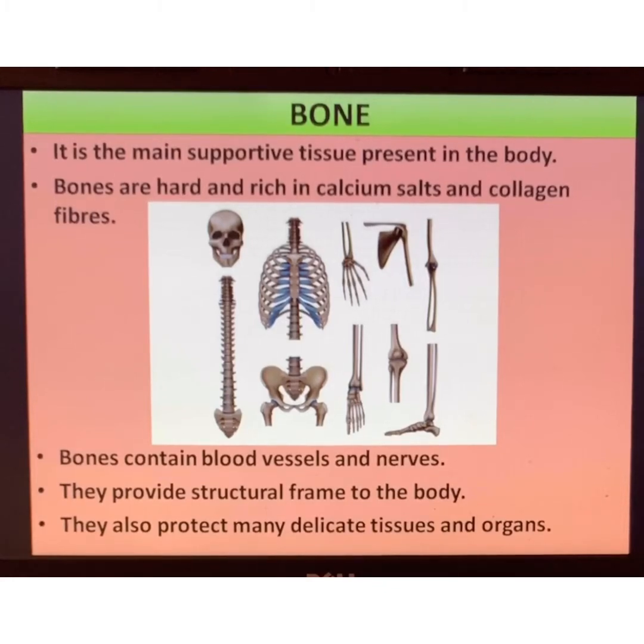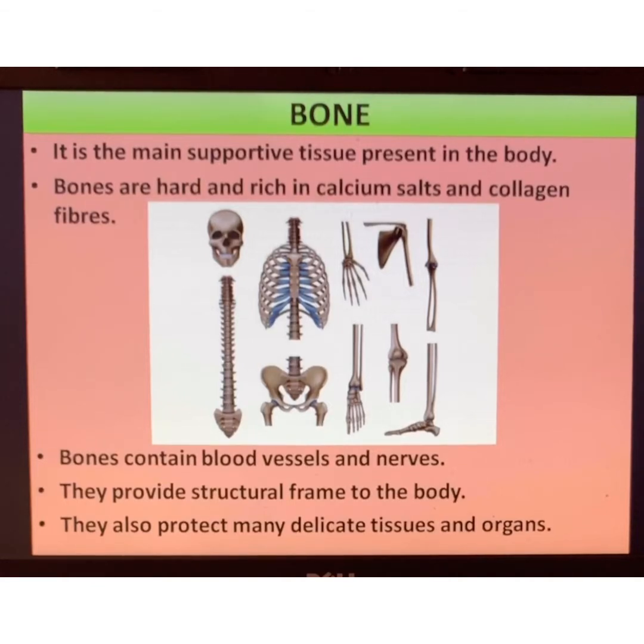They are not at all elastic, but they are very firm. So bones are made up of calcium and phosphorus salts deposited along with collagen fibers. That is what makes them very hard.